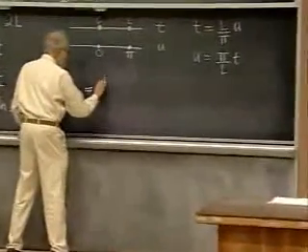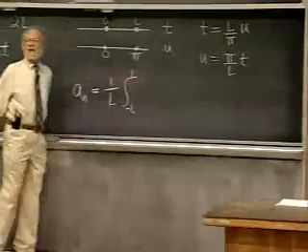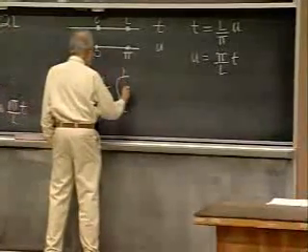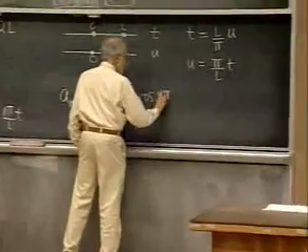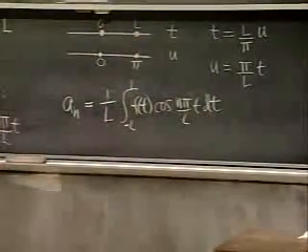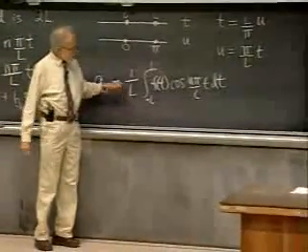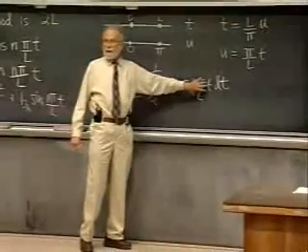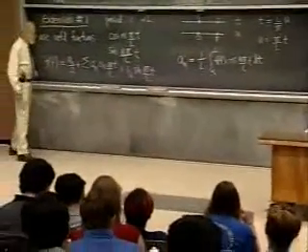So it's 1 over L times the integral from negative L to L. In other words, wherever you see a pi, just put an L, times the f of t cosine, and now we'll use our new function, not the old one. I submit that if you know the first formula, then this would be an easy one to remember. All you do is change pi to L everywhere, except you've got to remember this part: make it a function periodic of period 2L, not 2 pi.